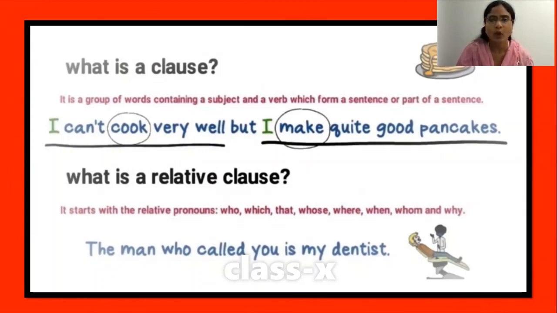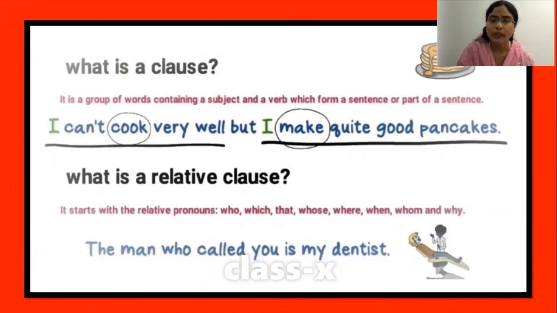What is a relative clause? A relative clause shows relation, and it always starts with a relative pronoun: who, which, that, whose, where, when, whom, and why. For example, take the sentence, the man who called you is my dentist.